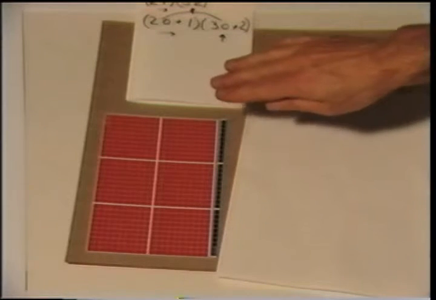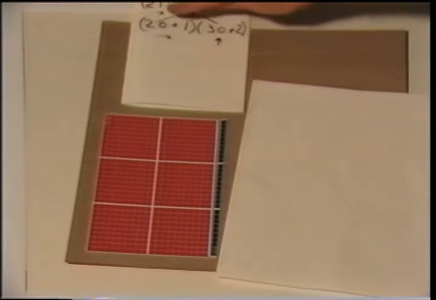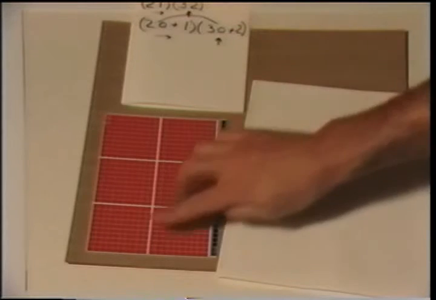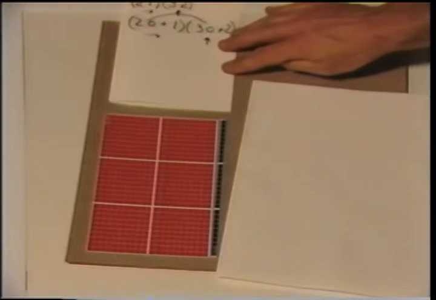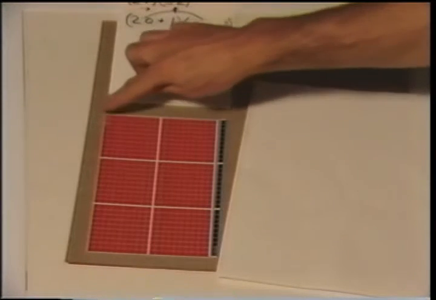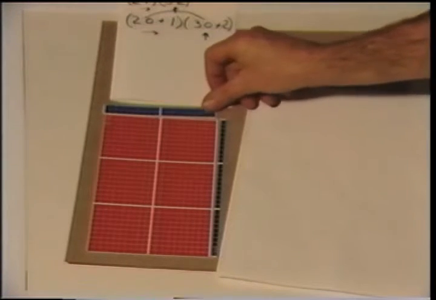Now I must come up, now that I've come over 20 plus 1, and I've already come up 30. I'm already up 30, so now I must come up 2 more. I must come up 1, 2 more, and I can see what that is, up 2 and over 2 bars of 10. I can see what piece that is.